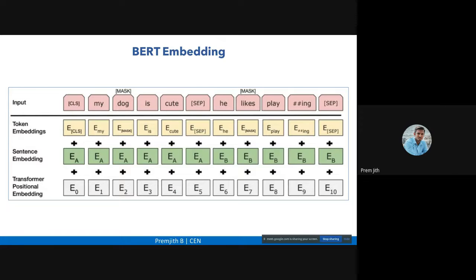We cannot expect BERT, or any network, to be trained using all the data available in this world. We don't know how much data is available in the world. So BERT uses a very small subset of the entire data to train the model.